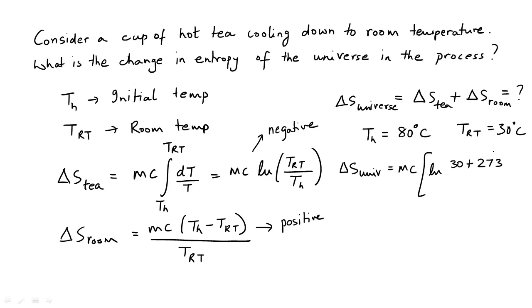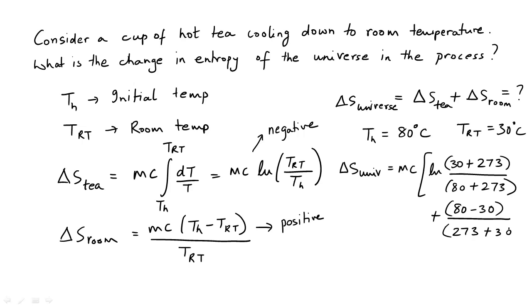It's very important to consider absolute temperatures in this ratio of temperatures. Without using absolute temperatures, you will get a completely incorrect answer. So be careful about that. And plus T_H by T_RT, so that is 80 minus 30. This is just a difference of temperatures divided by room temperature, which is 273 plus 30.